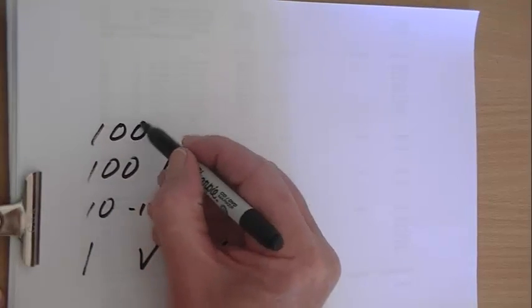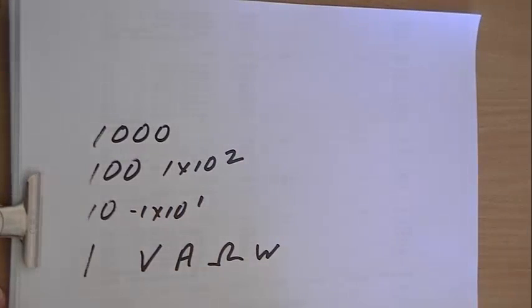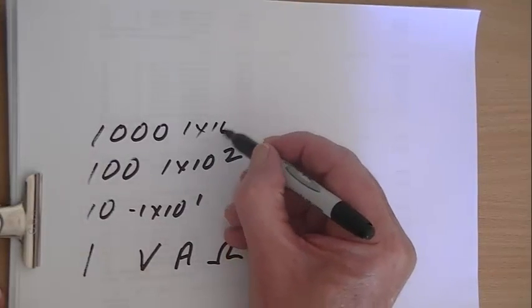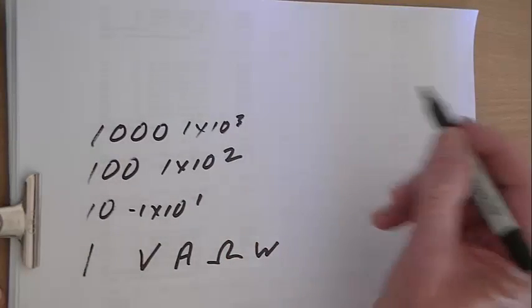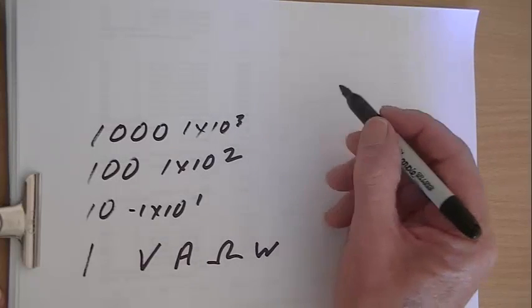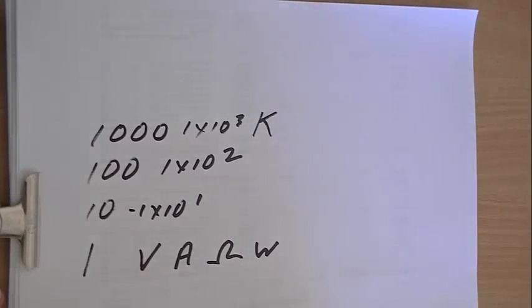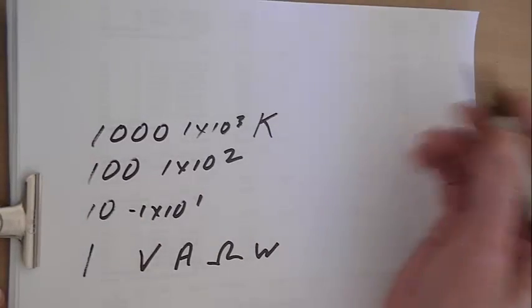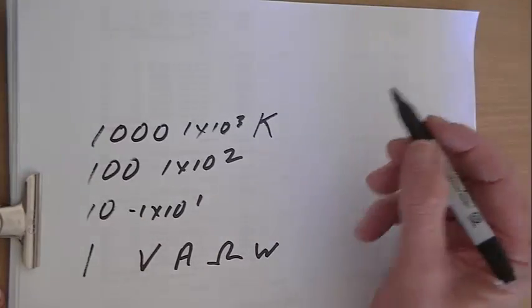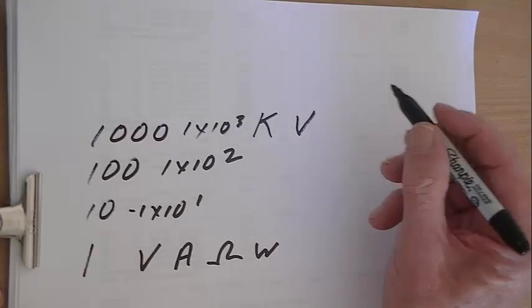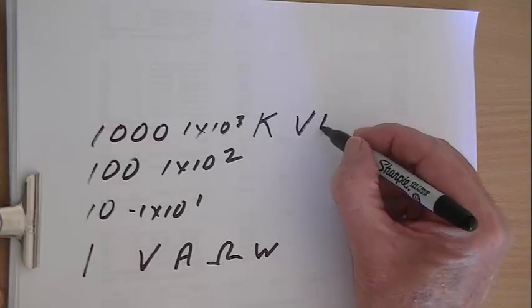The next unit we talk in is thousands, and we do this all the time. 1,000 is 1 times 10 to the third, and its symbol is kilo, K, and you will be familiar with it for kilogram, kilolitres and whatever. But in electrical terms we use kilovolt, kiloamp.